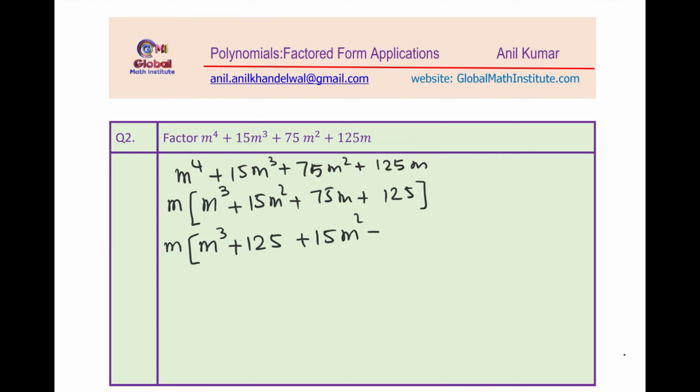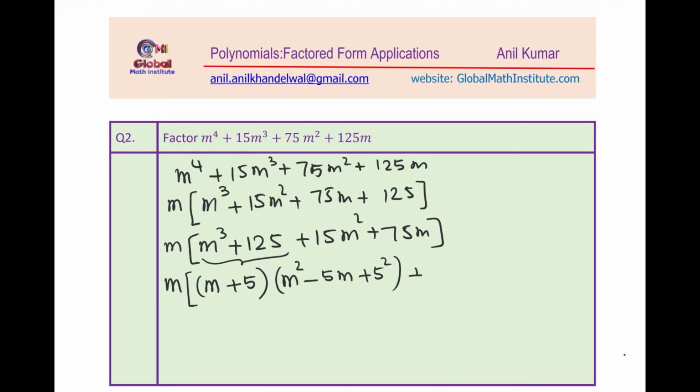Perfect? So this rearrangement helps us to use the formula a cube plus b cube. m times m cube plus 5 cube, right? So it could be written as m plus 5 times m squared minus 5m plus 5 squared.